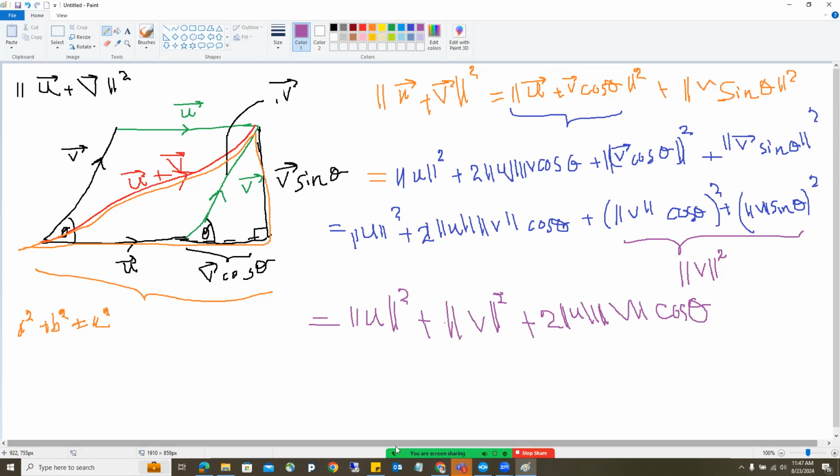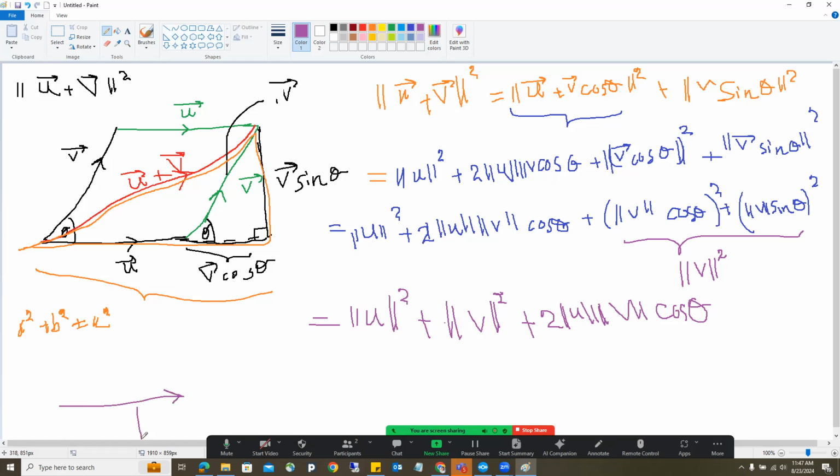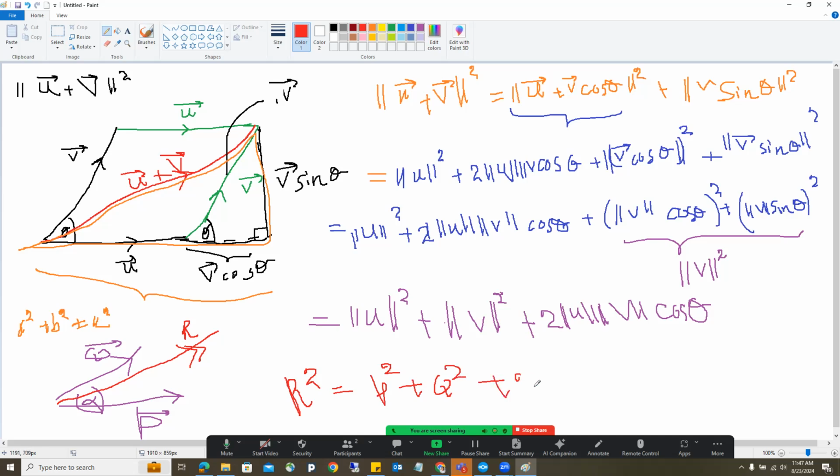So we can simply say that if we have a vector p for this side, a vector q for this side, and the angle between these two vectors is theta, then if I draw the resultant like this, which we normally represent as r, we say r squared is equal to p squared plus q squared plus 2pq cos theta.